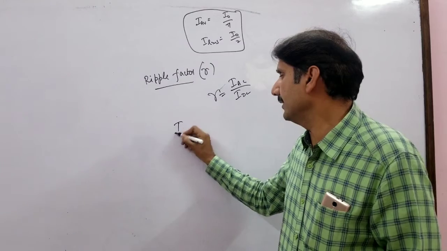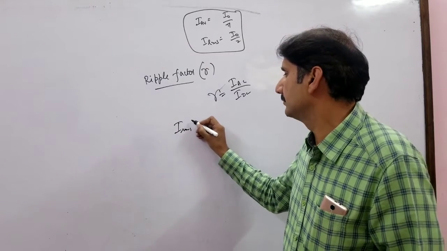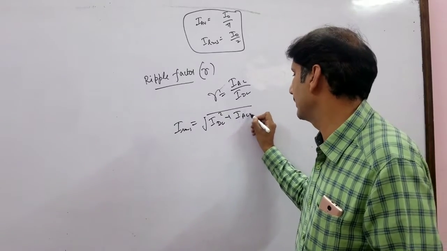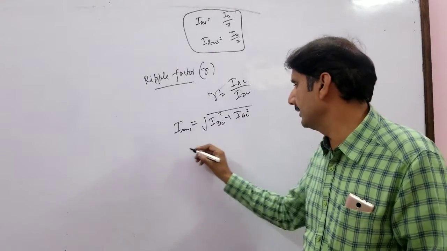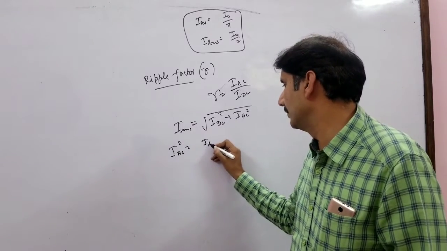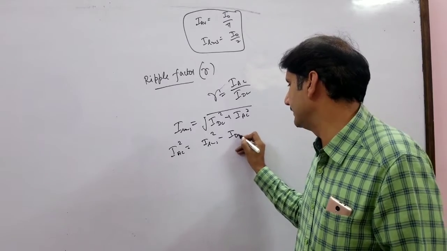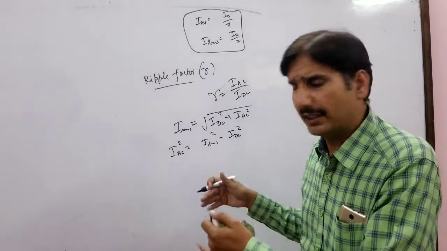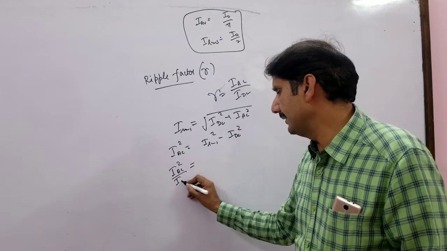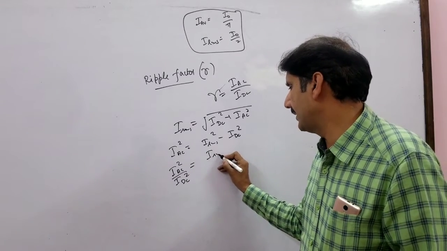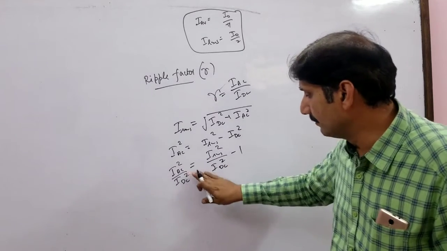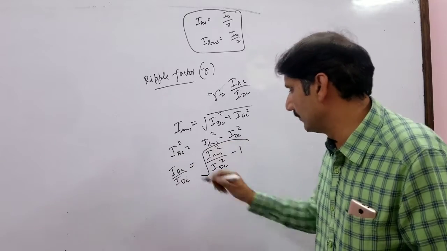So we know that I RMS square is equal to I DC square plus I AC square. I square the whole equation and change it like this. I AC square is equal to I RMS square minus I DC square. A little mathematical maneuvering: I AC square by I DC square would be equal to I RMS square by I DC square minus 1, and if I remove the squares, I'll put a square root over here.